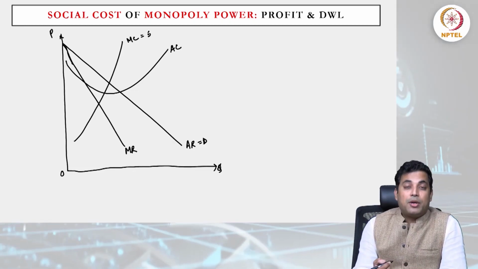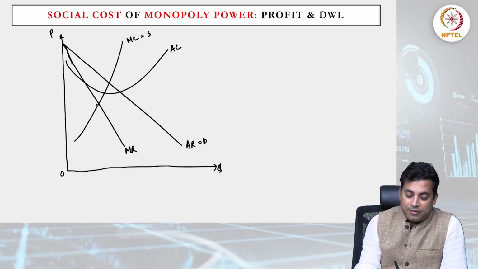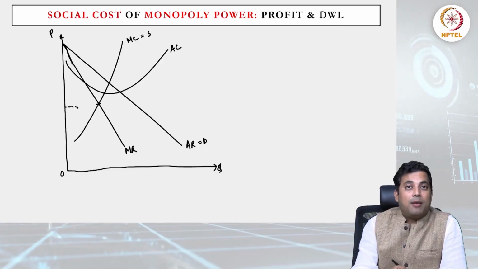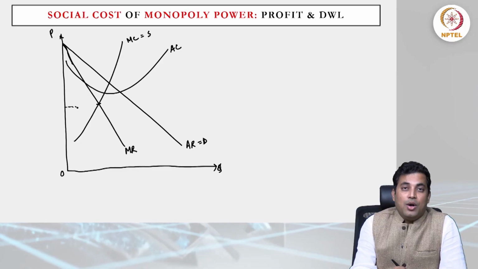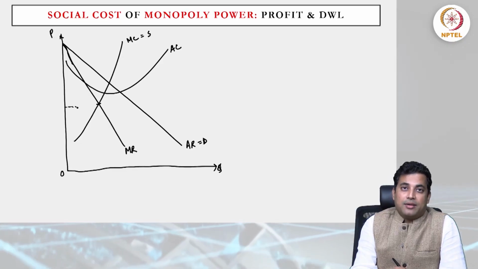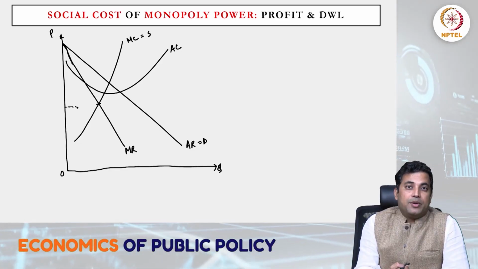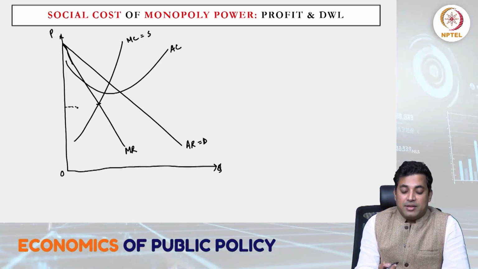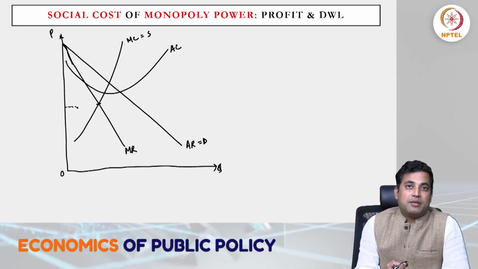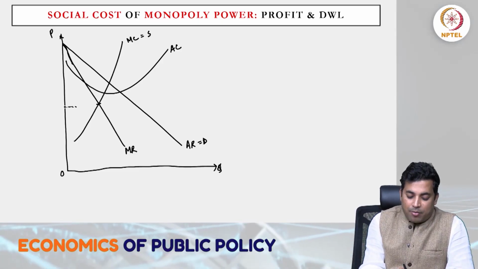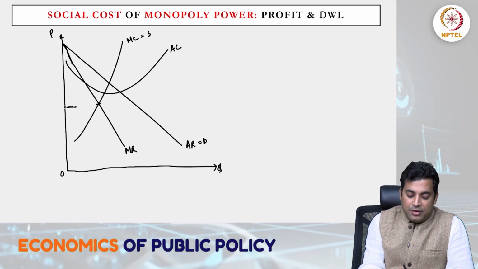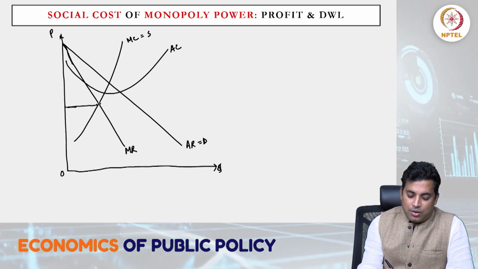As we know, for any firm, whether in perfect competition, monopoly or any other imperfect market, the objective of any producer is to maximize profit, and the profit maximization condition is the point at which marginal revenue equals marginal cost.